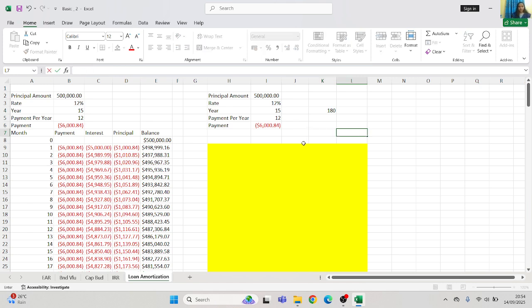Then we select S9 and write month. Then we select cell I7 and write interest.